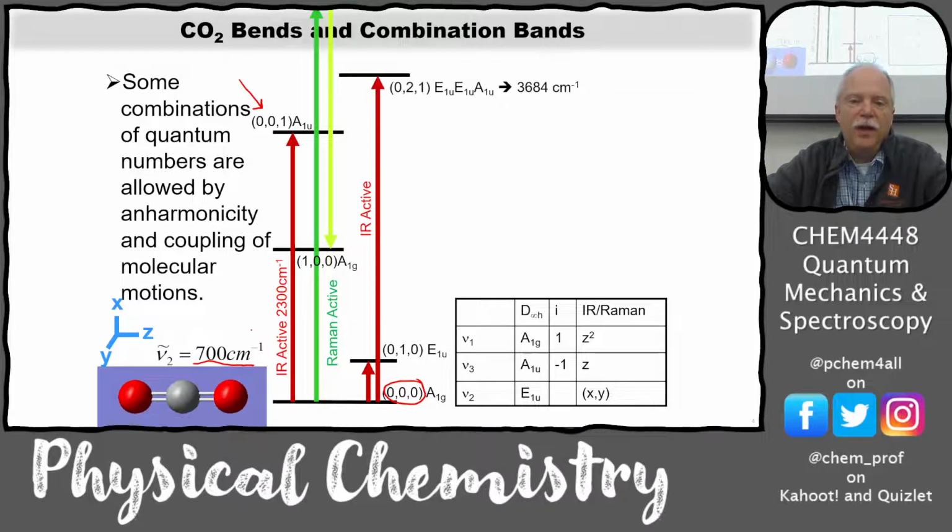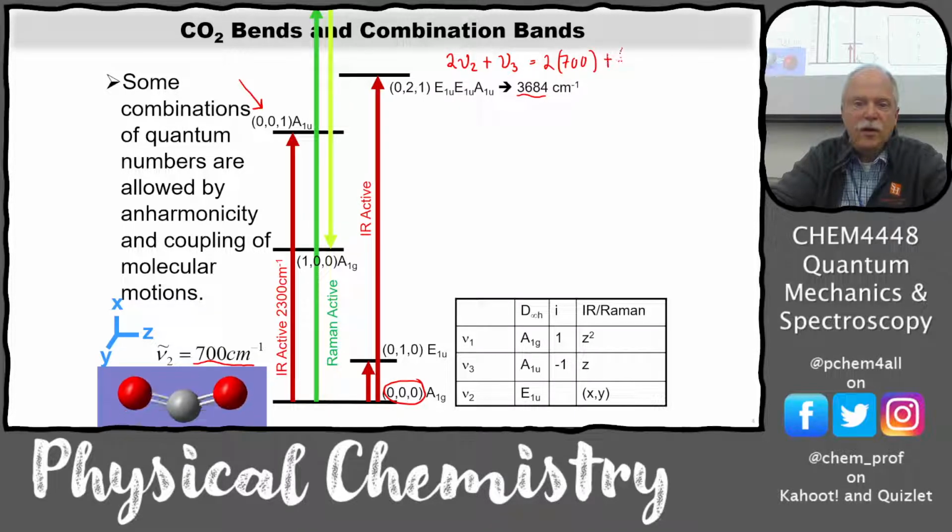Okay, and then we have this combination band. So the 3684 peak was identified as this 0,2,1. Do you see the combination? It's 2 nu 2 plus nu 3. So that's the combination that gives us this frequency. Let's see if we can figure that out. That's 2 times 700 plus nu 3, which is 2300.